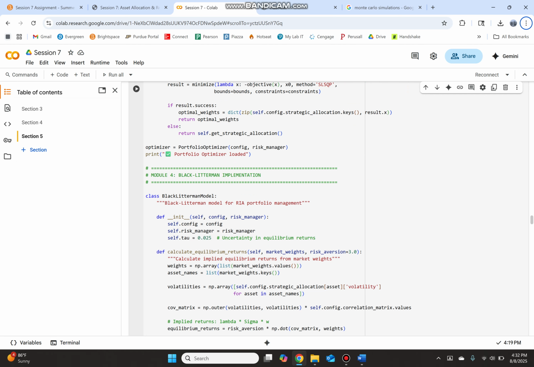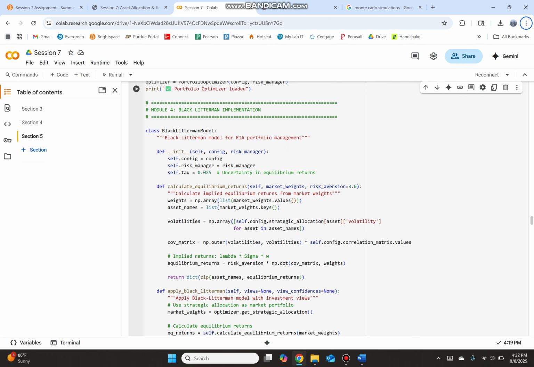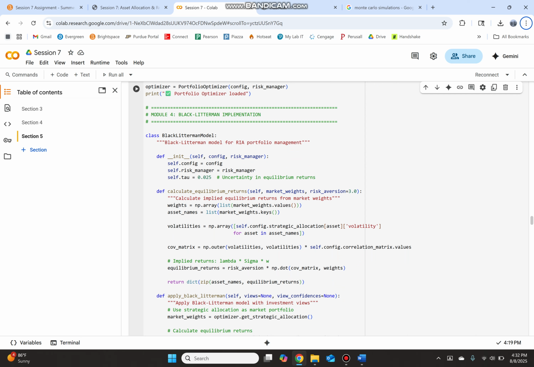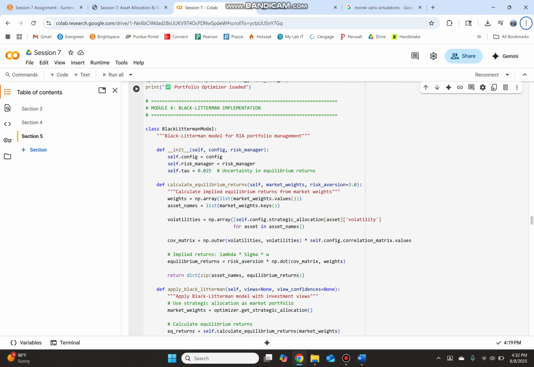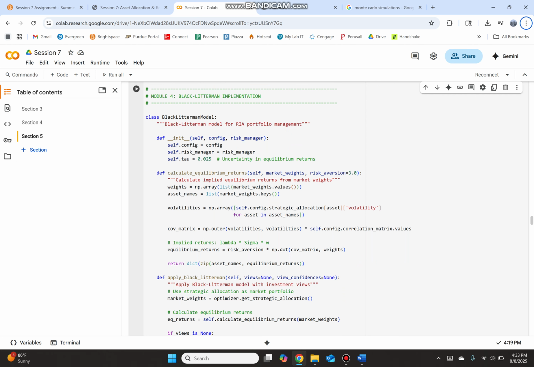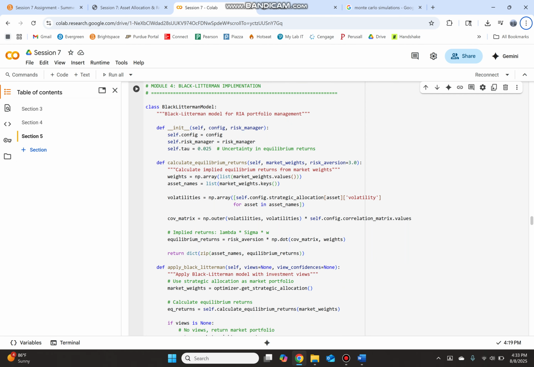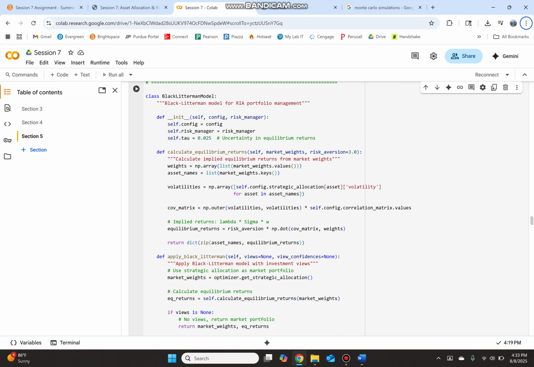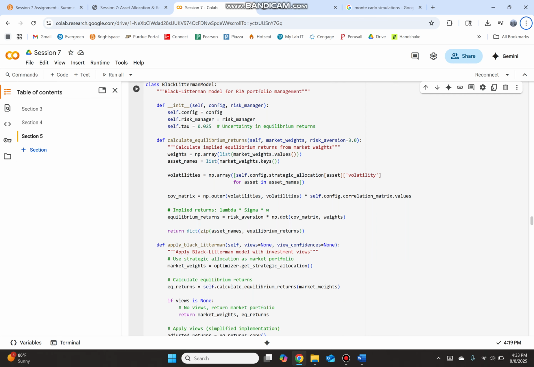So then we have our Black Litterman implementation. Like I was saying, Black Litterman uses the market equilibrium because over time, changes in price just affect our overall return so much it doesn't give us an accurate representation of the market. So we want to use a smaller rolling average, usually 3 years. So it gives our equilibrium returns based on our market weights and our risk aversion of 3.